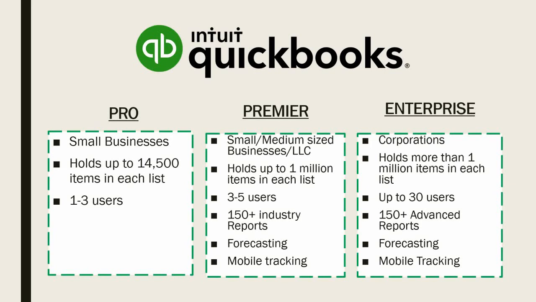So once you belong in a certain industry, you're going to have about 150 industry reports that you can do based on your industry. So again, if you belong in the music industry, yours is definitely going to look a lot different than someone who's in the fashion industry, right?